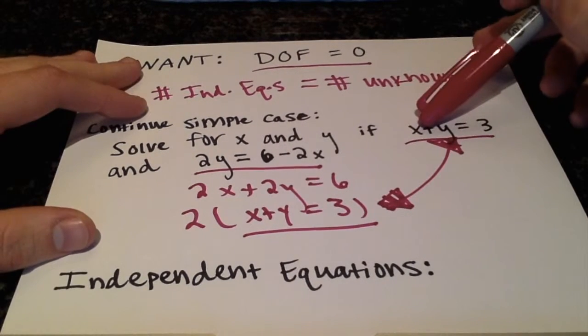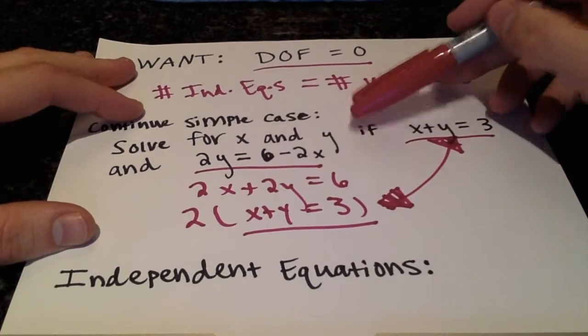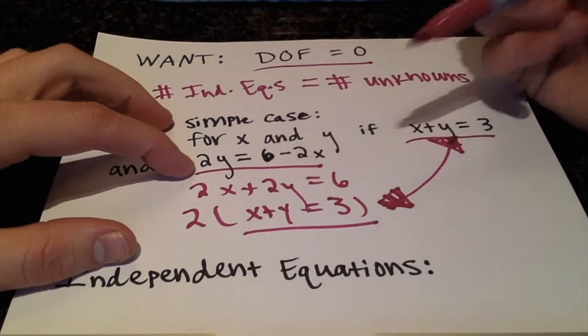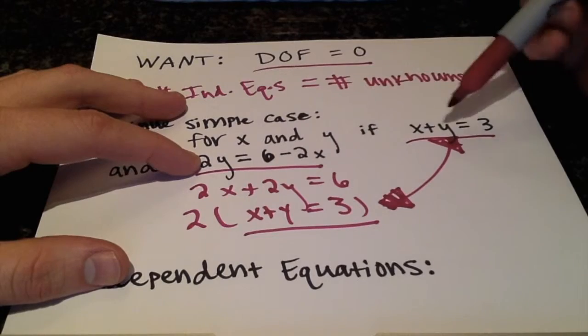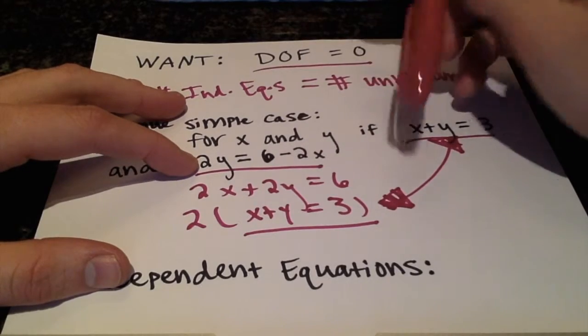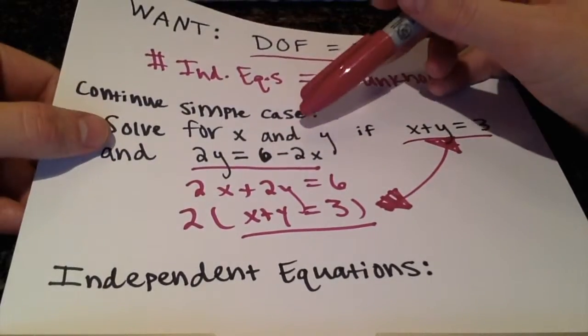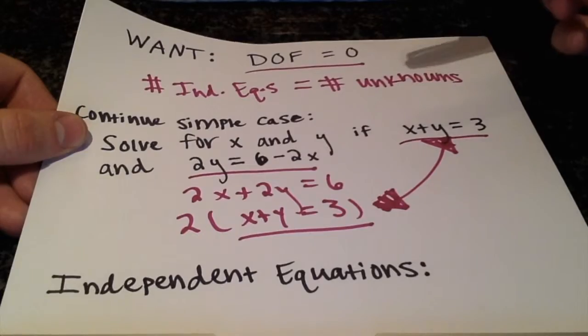So we do not have 2 independent equations. We only have 1 independent equation. So our degrees of freedom here is still 1. So this right here is basically giving the same information but in a different way, and if they do that, then we're still not able to solve the problem in this case.